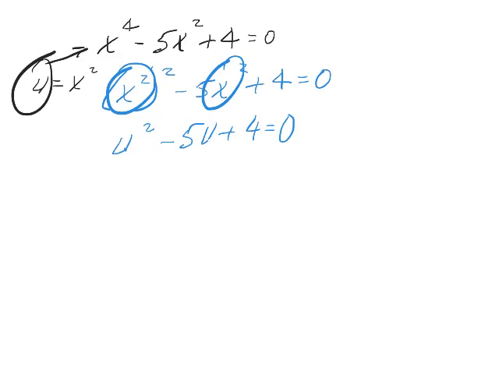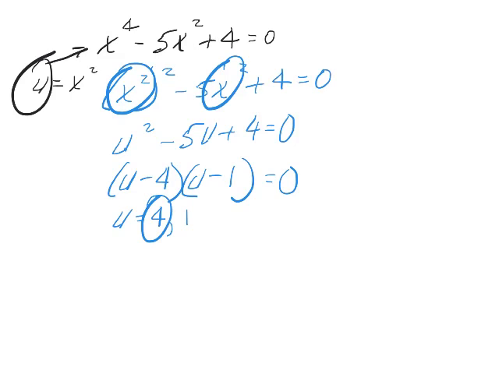And then I'm just going to use factoring. It's a pretty simple problem here. I've got a 4 and a 1 and a minus and a minus. So my u is going to equal 4, or it's going to equal 1. Okay? But I can't stop there because I haven't found out what x is.